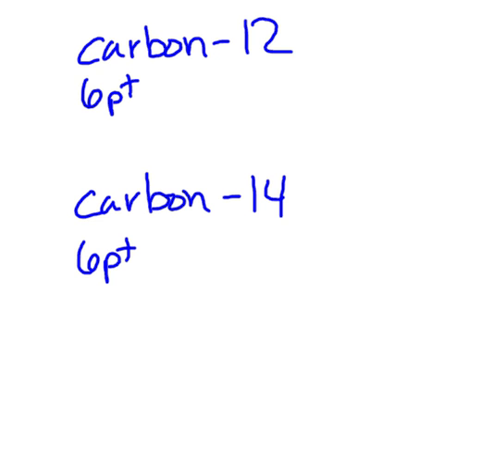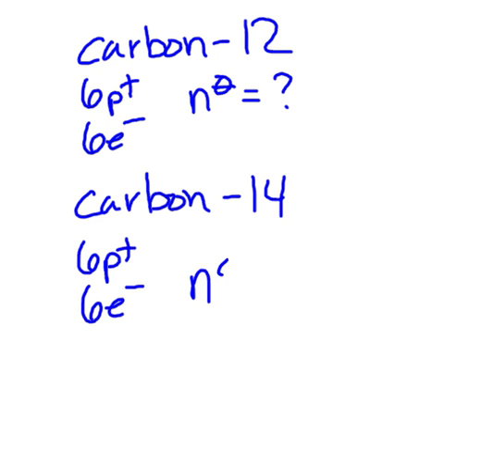And because they're neutral, meaning they don't have a charge, they also have 6 electrons, because they need to equal out. But what's going to be different is the number of neutrons.